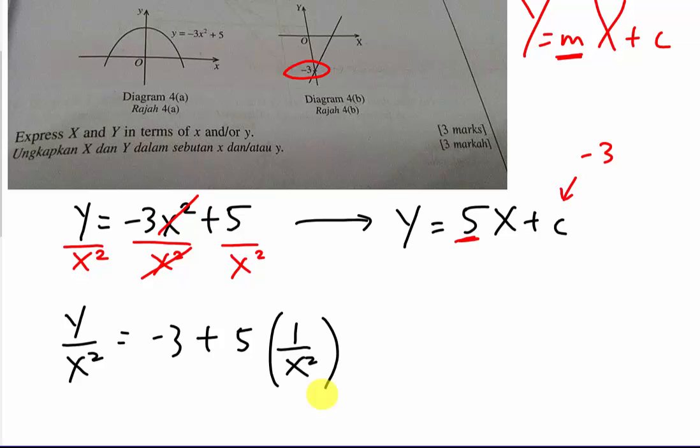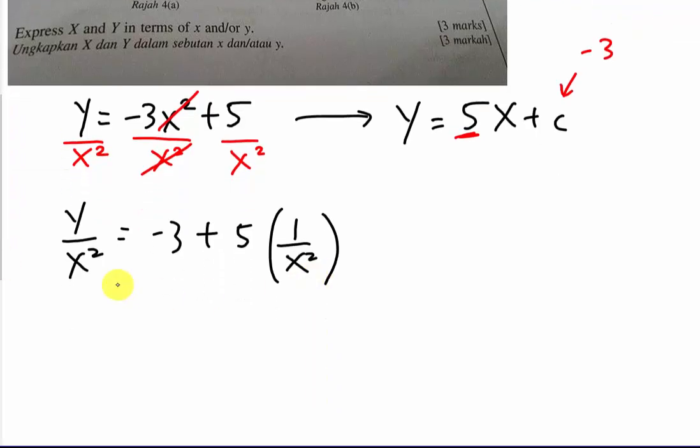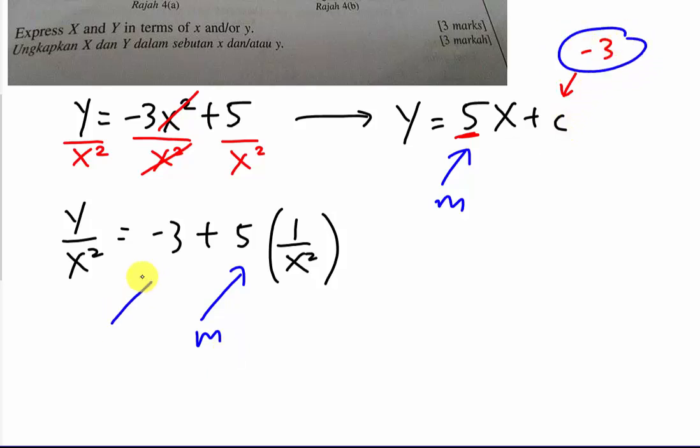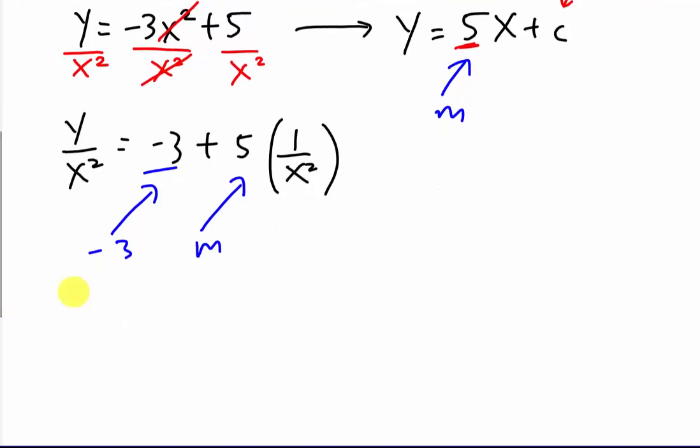If you can get the equation like this, I think you roughly will know the answer already, because your gradient needs to be 5, and you have the gradient which is 5, and your vertical intercept needs to be negative 3, and you have your vertical intercept which is negative 3. So you just need to rearrange the whole equation: y over x squared equals 5 multiplied by 1 over x squared minus 3.